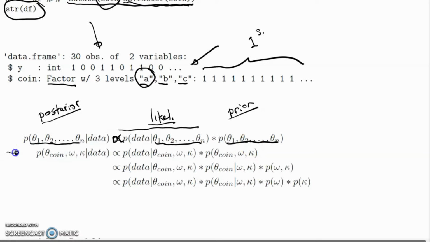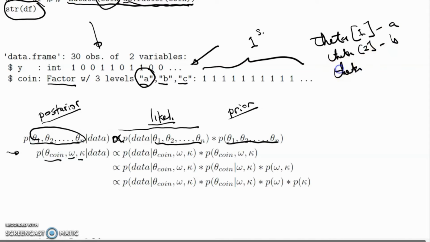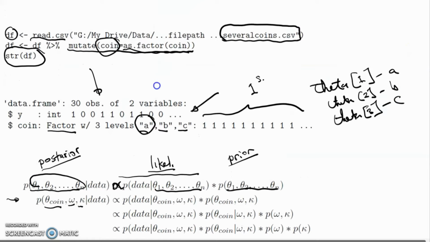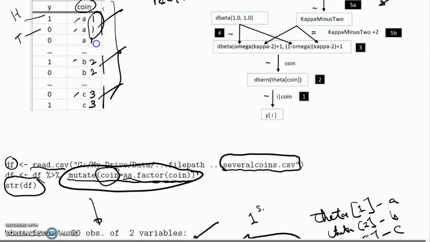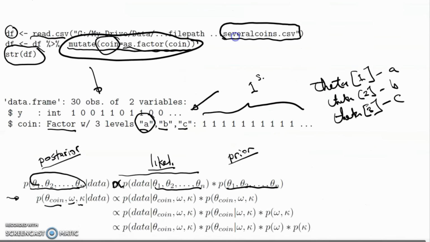In this line, essentially what I've done is replace this general form with our particular parameters. So we've got omega, kappa, and we've got theta, which is indexed by coin: theta 1 for coin A, theta 2 for coin B, and theta 3 for coin C. That comes back to why we did the factor conversion, because these coins are actually being stored in the computer as numbers 1, 2, and 3.